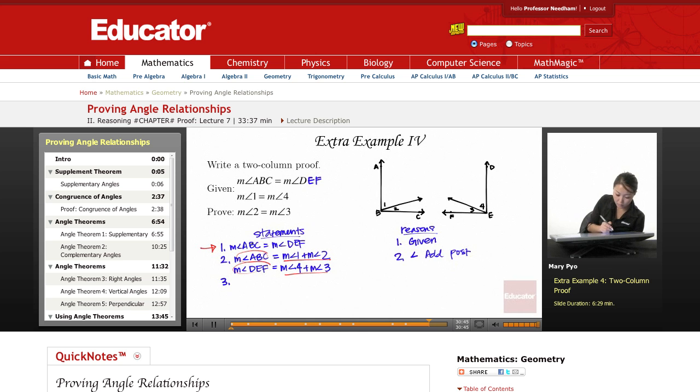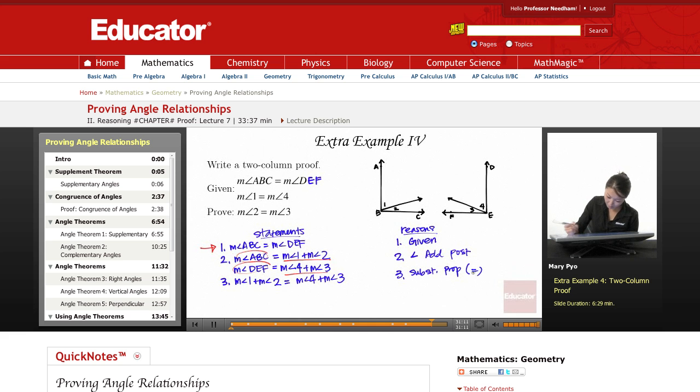So I'm going to replace measure of angle ABC with its parts, which is this, and then replace all that with its parts there. And the reason is going to be substitution property.